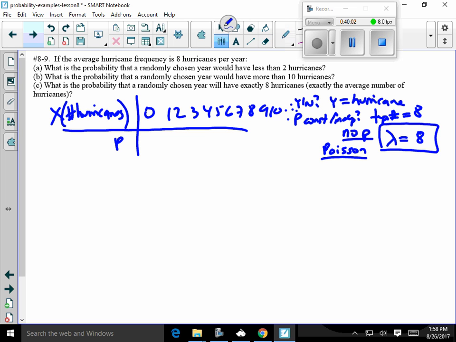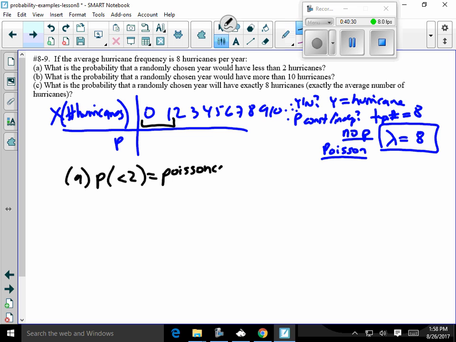So the first question is asking, what's the probability that we have less than 2 hurricanes? So less than 2 is just 0 and 1. I could do that by using a Poisson PDF function for 0 and 1 and adding them up, or I could take the cumulative total up to 1 and go straight to the Poisson CDF model.